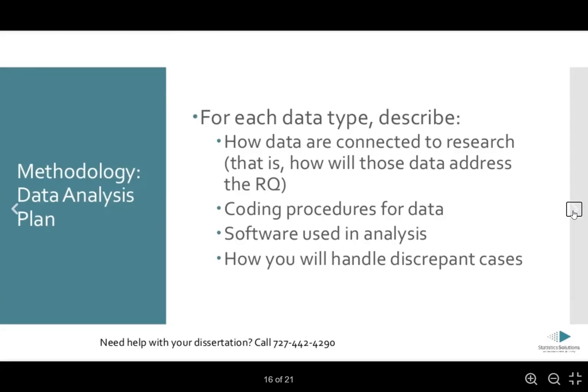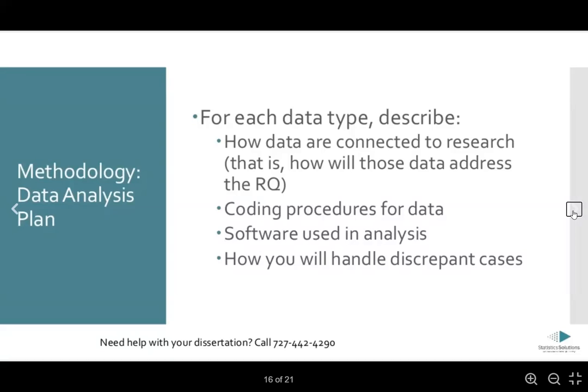Or you could, of course, just analyze your data with paper and pen. So you could print out all your transcripts and then use different color highlighters to code the data. So there are a few options available to you. We do have a blog post about this on our website.